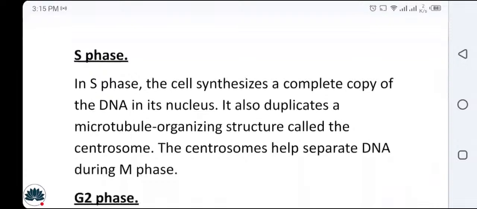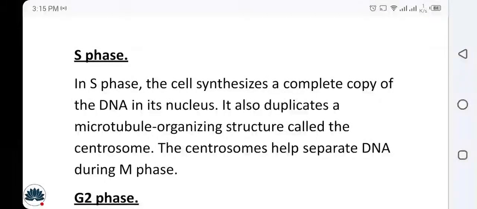In the S phase, S means synthesis. What is the synthesis of DNA? In S phase, the cell synthesizes a complete copy of the DNA in its nucleus. It also duplicates or replicates a microtubule organizing structure called the centrosomes. Oh, sorry, centrosomes.